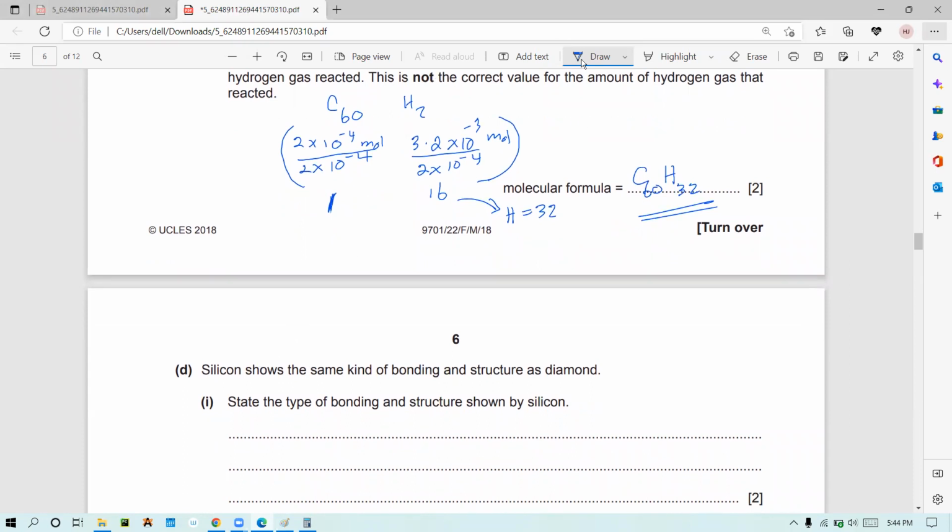D point. Silicon shows the same kind of bonding and structure as diamond. State the type of bonding and structure shown by silicon.